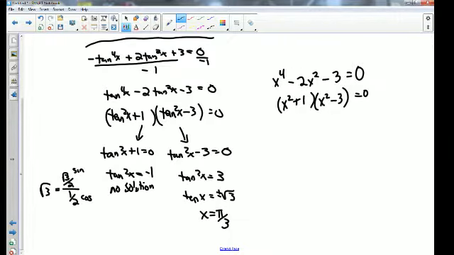So we get 2 pi over 3, 4 pi over 3, 5 pi over 3. Because that's plus or minus, we need to consider all the cases there where that happens, positives and negatives. All right, is this all the answers for all real numbers?